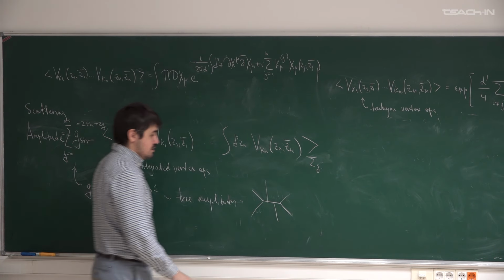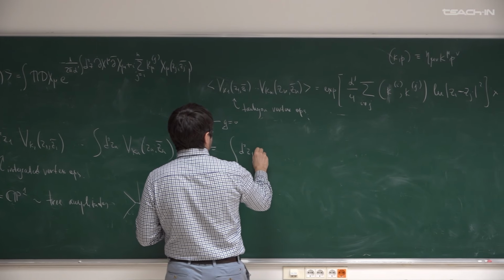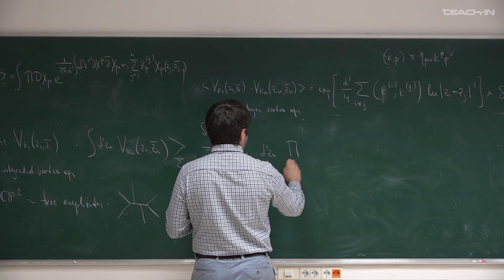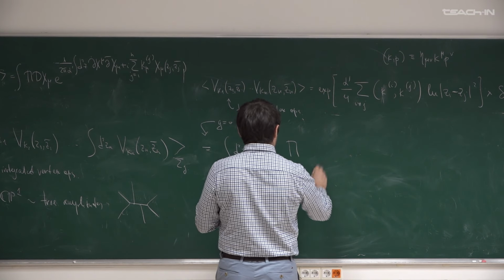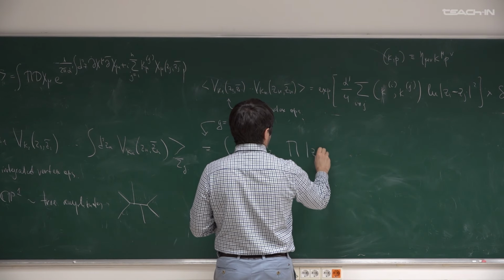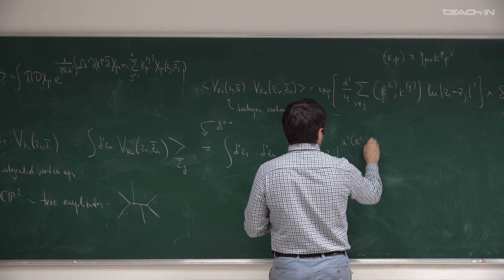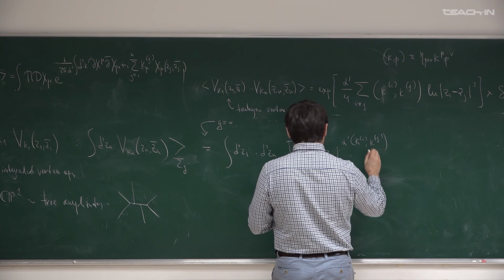So let's compute this integral. Here we will only study the g equals 0 case. So this is just the integral of the product of the factors with ki dot kj times the delta function.